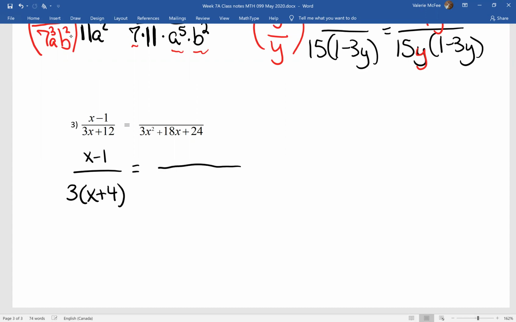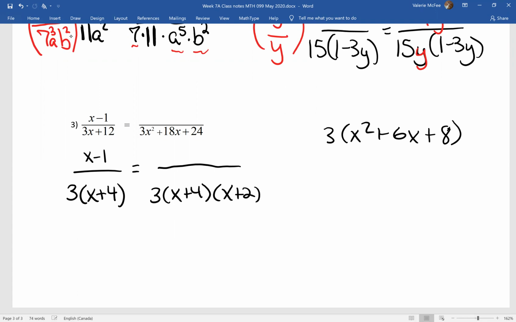I have to factor this denominator. I see that 3 is common. So I have 3 times x plus 4 times x plus 2. There's a 3, there's an x plus 4.